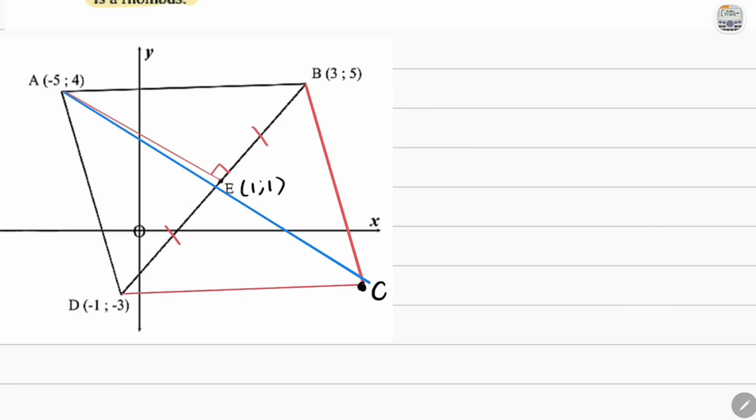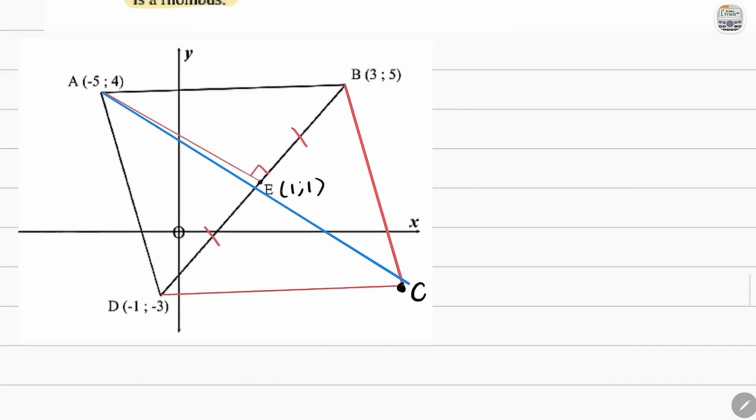So here's the thing about diagonals bisecting each other in a rhombus. If the diagonals bisect each other, what it means is that this diagonal cuts the other one into 2 equal parts, making this part equal to this part. But then BD also bisects AC, so it cuts it into 2 equal parts as well, so this is equal to this.